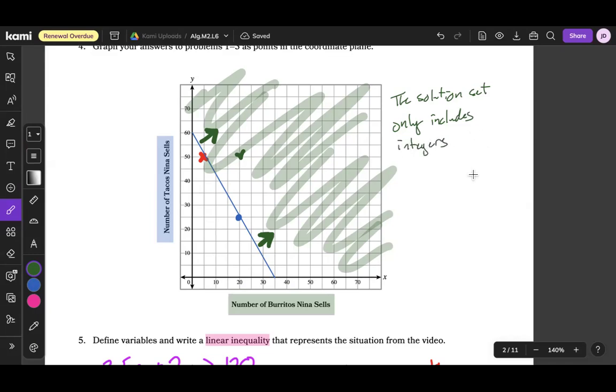And the other qualifier is that they have to be positive integers because we can't buy negative tacos. So only includes integers greater than or equal to 0.